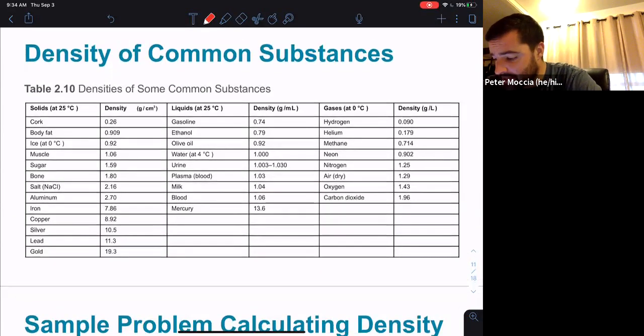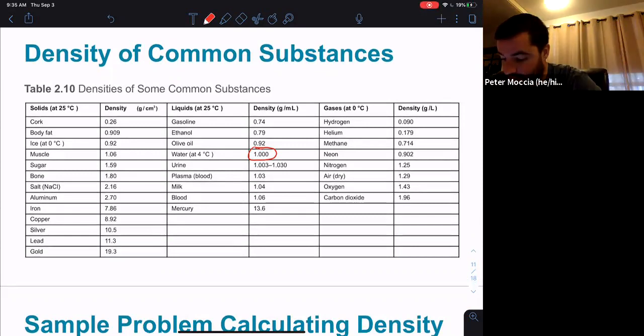Density of common substances. If I want to know whether something floats or not, I'm going to look at the density of water. I want you to memorize the density of water. It's an easy thing to memorize. Density of water is 1 gram per milliliter. If I want to know if something floats or sinks, then I'm going to compare it to the density of water.